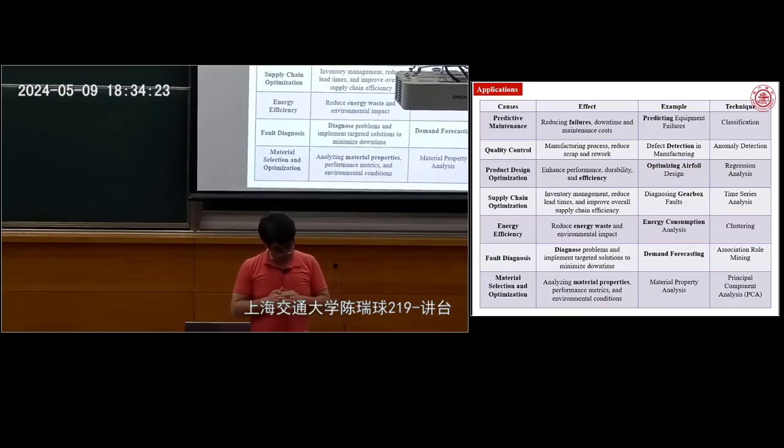In the example column, we would like to illustrate some examples about all factors or causes. For example, optimization, minimization, maximization of the system's outputs. So, energy is very important.